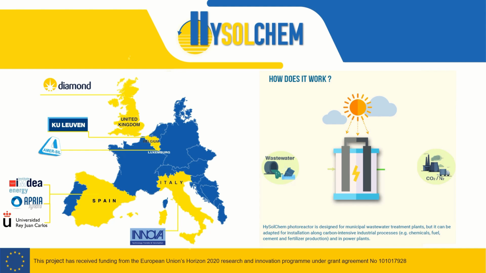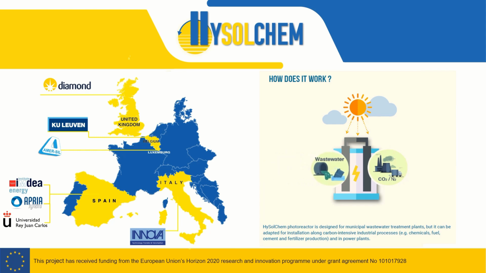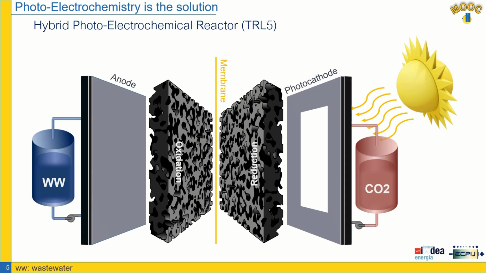We are gathering together to design a photoelectrochemical reactor to do CO2 reduction at the same time as wastewater treatment. So how it works: we are going to build a hybrid photoelectrochemical reactor at the TRL5 scale.